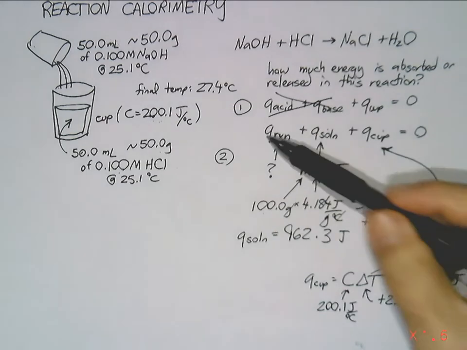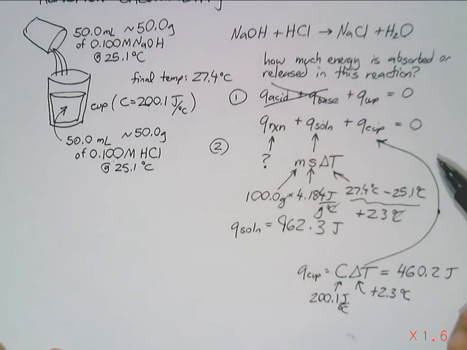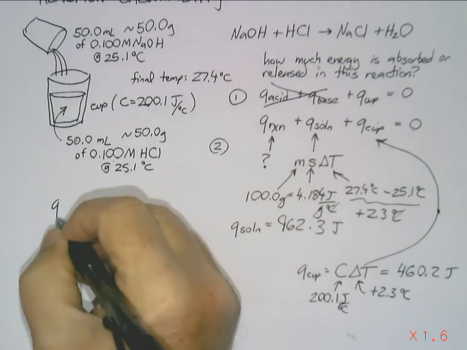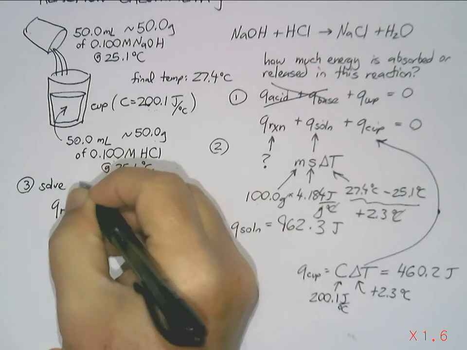Now how can I get Q reaction? Simple now. I can solve the heat conservation equation for Q reaction. Q reaction, that's the third step, is solve for your unknown.